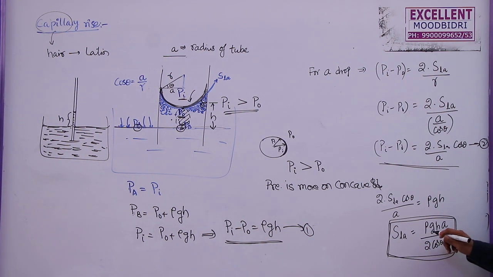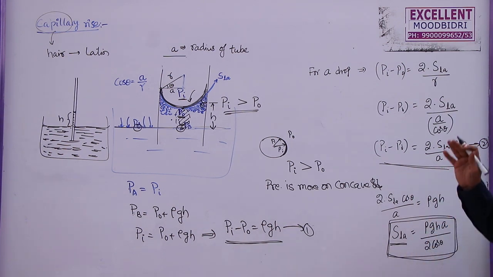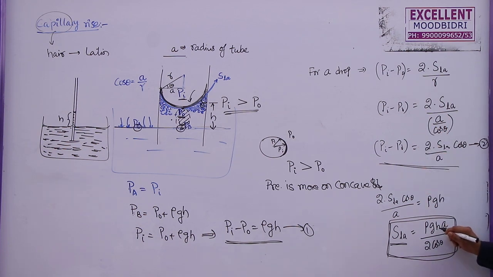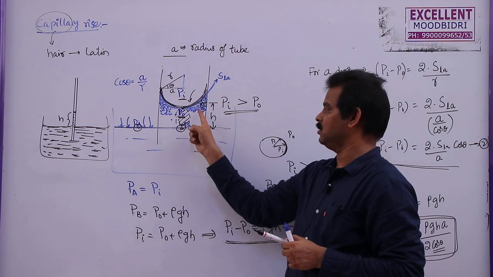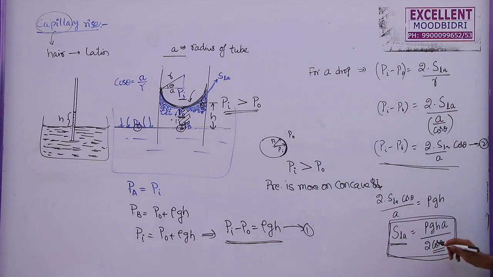Here generally g is a constant and the density of a liquid is constant, so the surface tension of a liquid can be determined by finding the height of the liquid raised and the radius of the capillary tube, divided by cos theta. But for a given liquid and solid surface, let us say this capillary tube is made of glass or plastic, and it is water, then this cos theta is also constant.